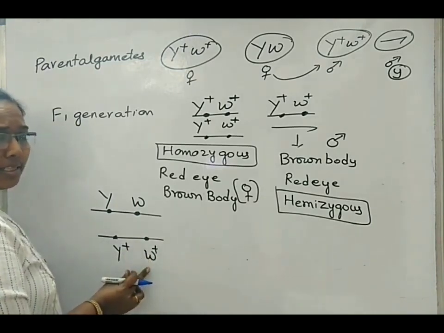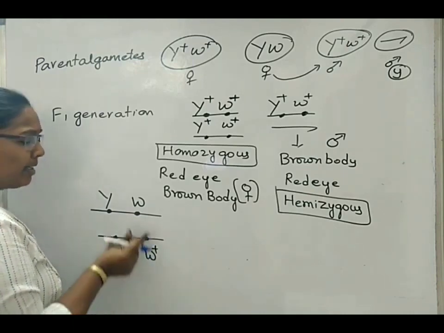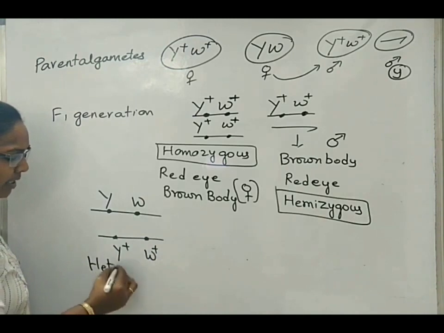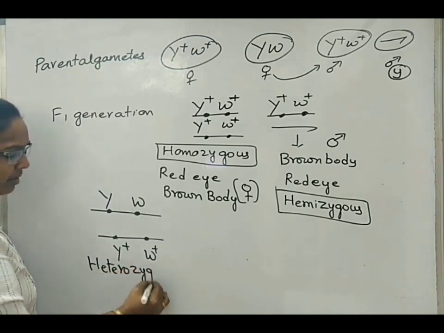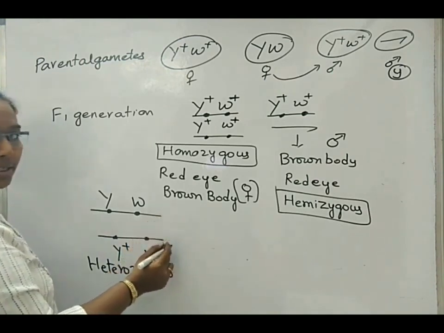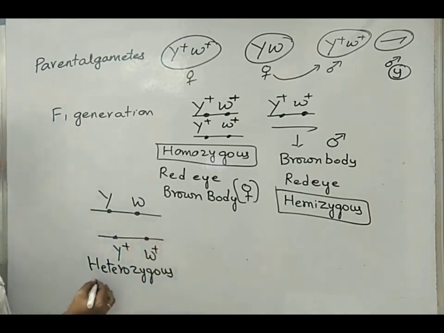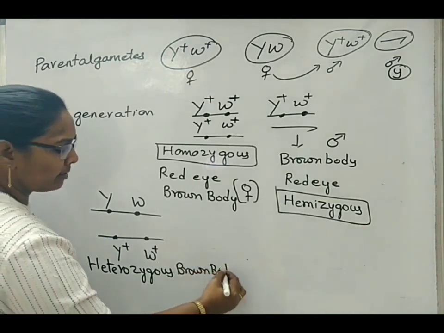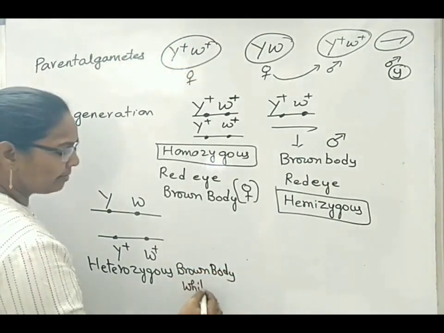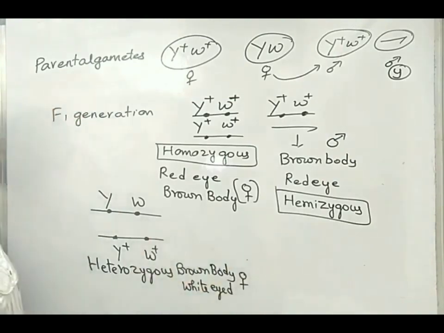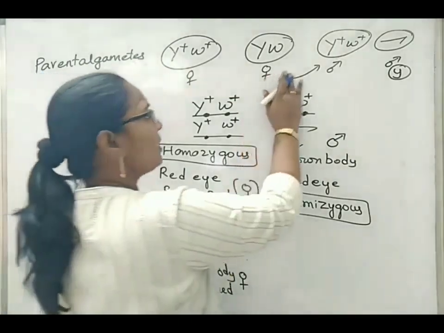Since there is one dominant paired allele and one recessive paired allele, we can say this is a heterozygous allele arrangement. But since both are X chromosomes, we can say heterozygous, brown body, white-eyed female.